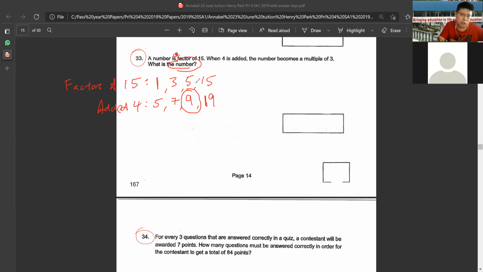So what is the number originally? Originally is not 9.